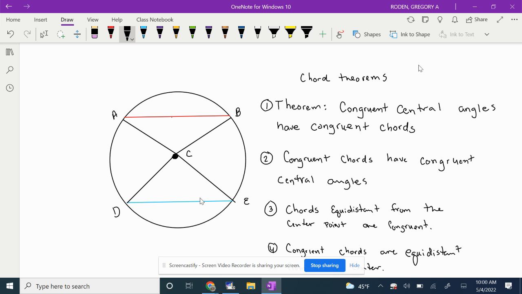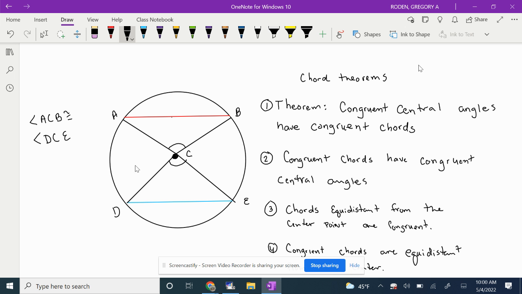Okay, so first of all, I know that angle ACB is congruent to angle DCE. Why do I know those two angles are congruent, guys? They're vertical angles, right? So these two central angles are congruent. I could put little congruent symbols here.